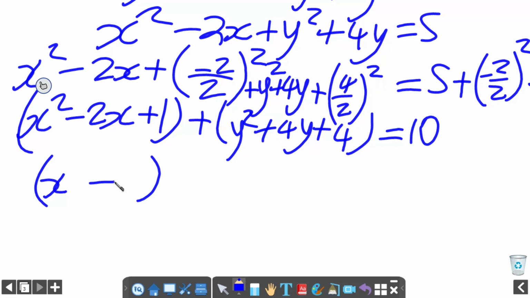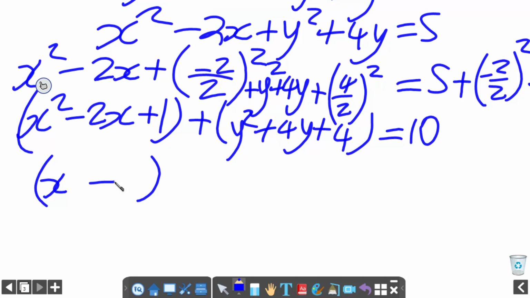For example, what is the relationship between 4 and 2? 2 is the what of 4? It is the square root. What is the square root of x squared? X. So x is the square root of x squared.